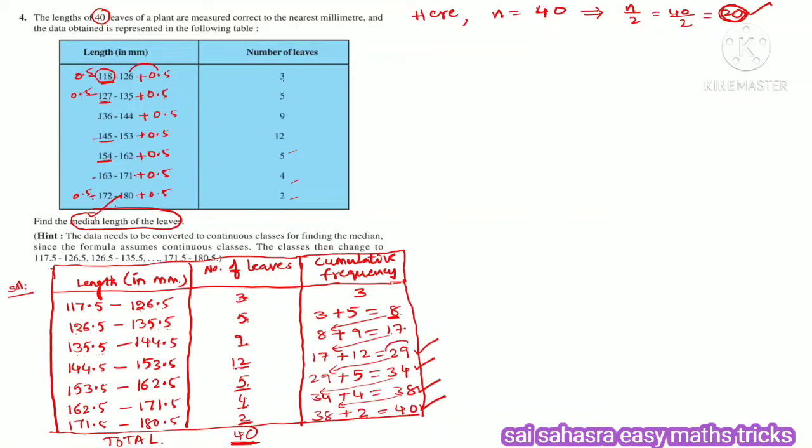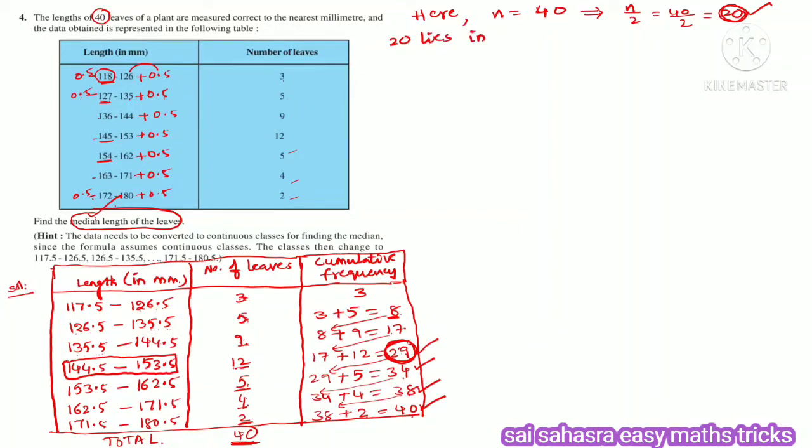Out of these 4, which is nearer to 20? 29 is nearer to 20, compared to 34, 38 and 40. So the class interval corresponding to this 29 is called the median class. So I can write, 20 lies in which class?